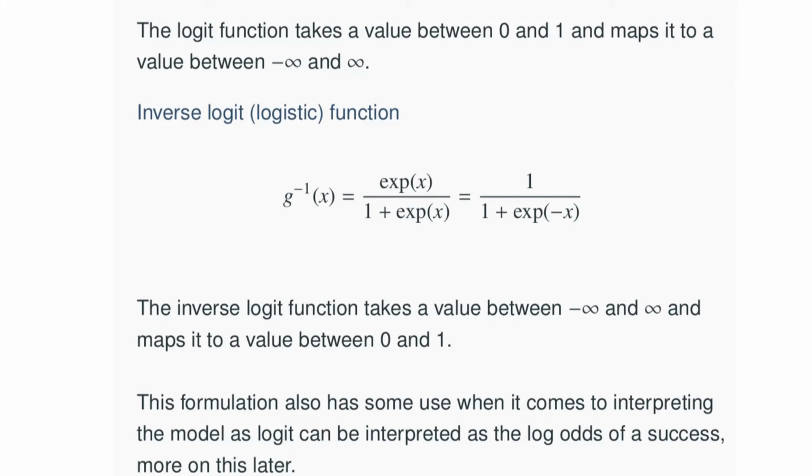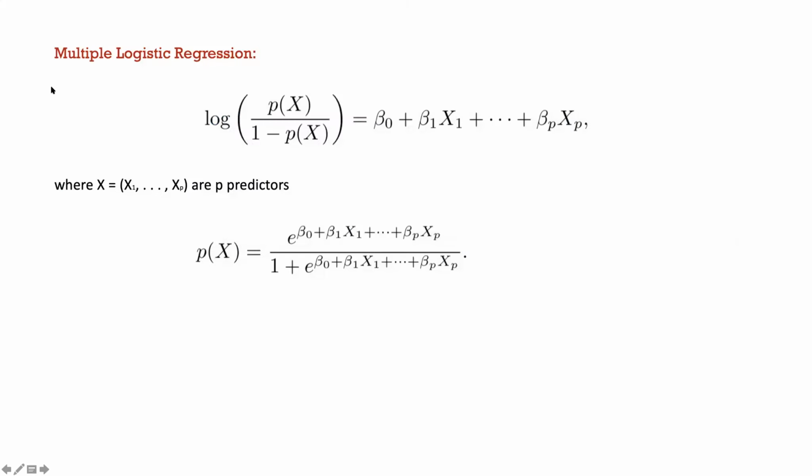This formulation also has some use when it comes to interpretation of the model, as logit can be interpreted as the log odds of a success, and more on this later. And here is the multiple logistic regression. When you have more than one predictor, generally p predictors, we easily extend the model like that.